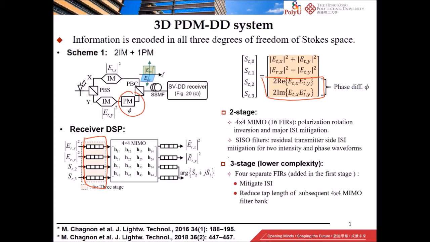This is another proposal by the group from McGill University. With this 3-dimensional scheme, one can significantly improve the overall bit rate. A total of 460 gig transmission was demonstrated over 500 meters.